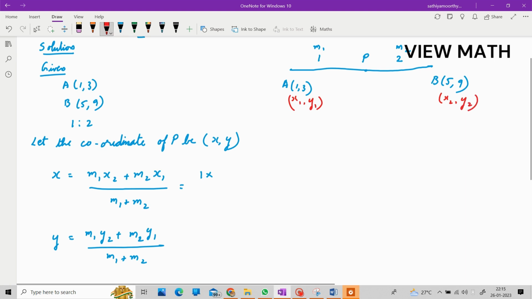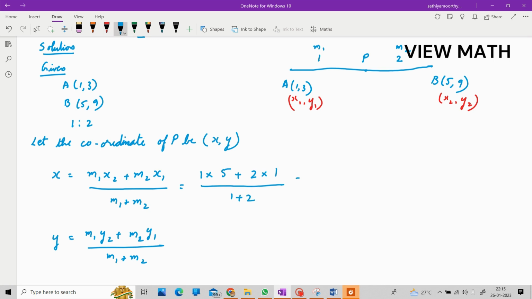So let me substitute. m1 is 1 and x2 is 5, plus m2 is 2 into x1, x1 is 1, divided by m1 plus m2, m1 is 1, m2 is 2. So this is equal to 1 into 5 is 5 plus 2 into 1 is 2, divided by 3, which is equal to 7 by 3.